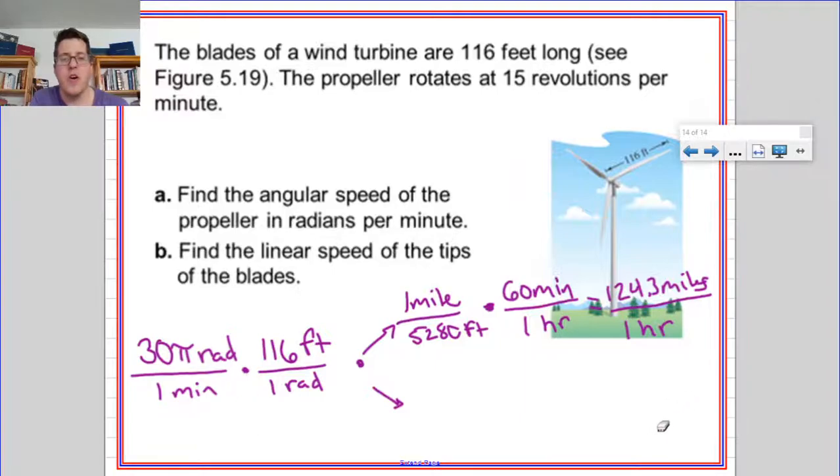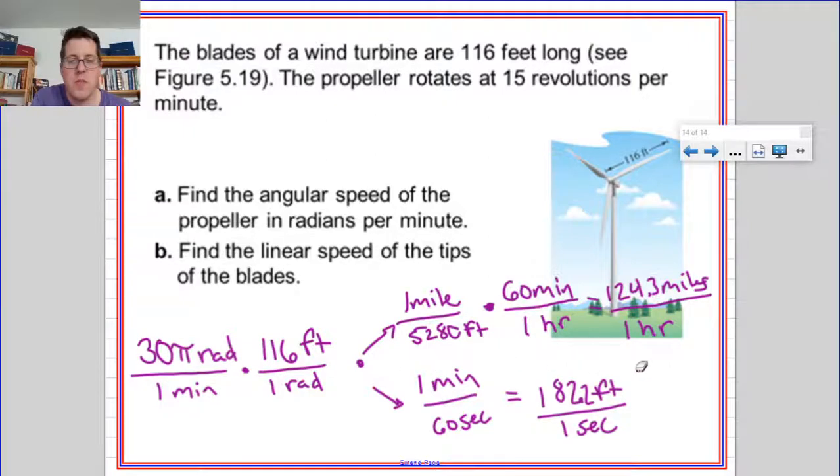That gets us about 124.3 miles per hour. If we want to go to feet per second instead, it's a little bit easier because we're already in feet. We would just take our 116 feet per radian and then multiply that by the fact that 1 minute is 60 seconds. The minutes on top will cancel out the minutes on the bottom. That'll give us about 182.2 feet per second.